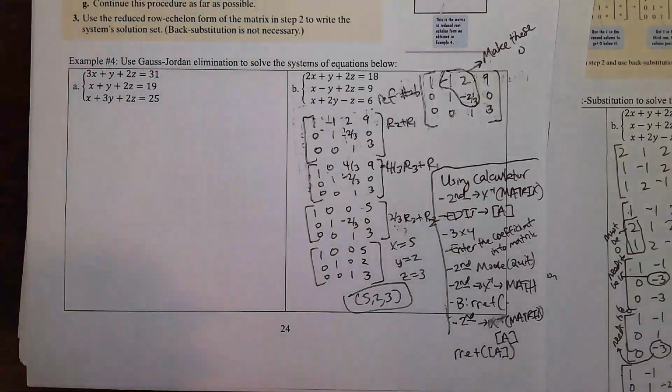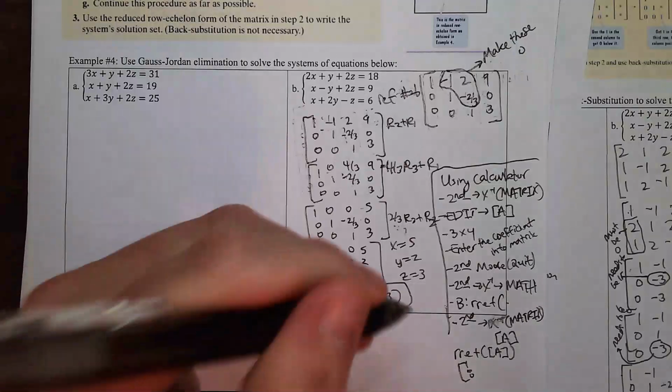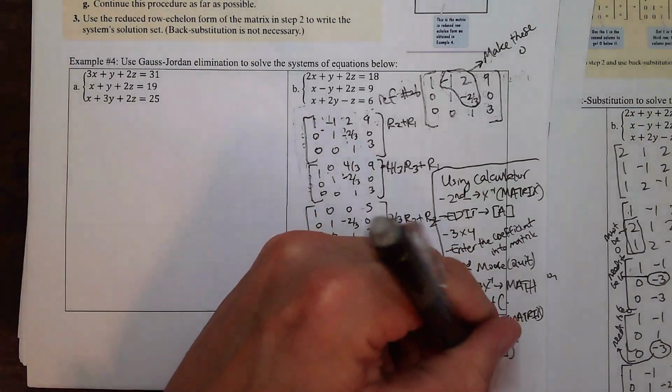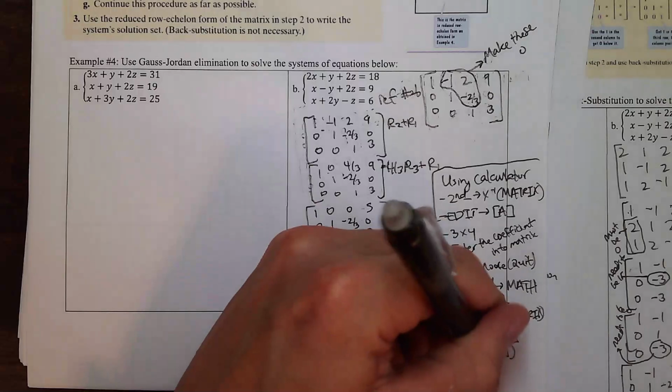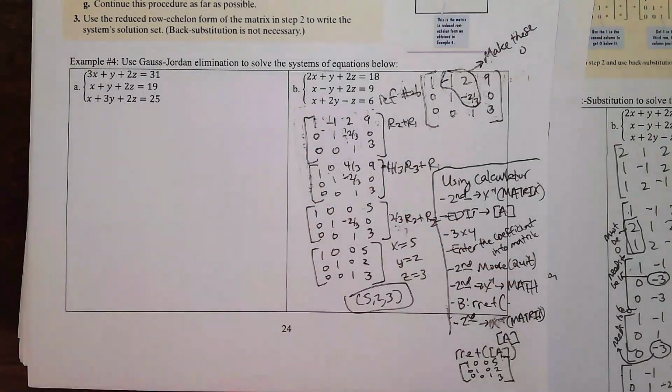You notice you get that answer: 1, 0, 0, 0, 1, 0, 0, 0, 1, and then 5, 2, 3. So you can use your calculator if you want.